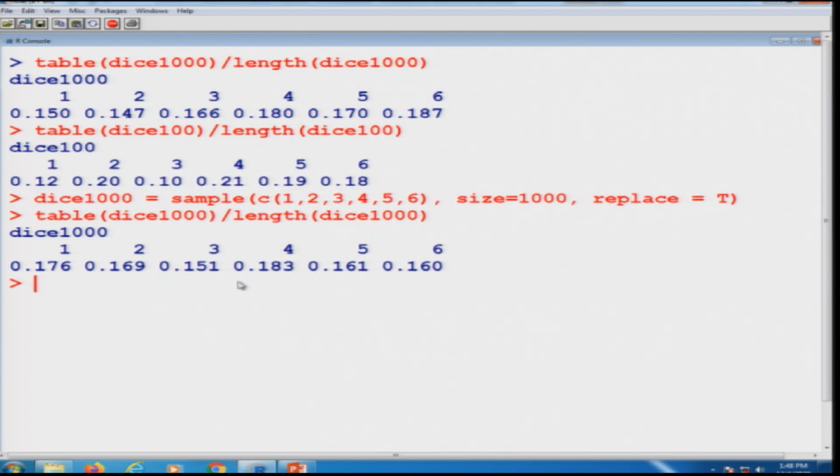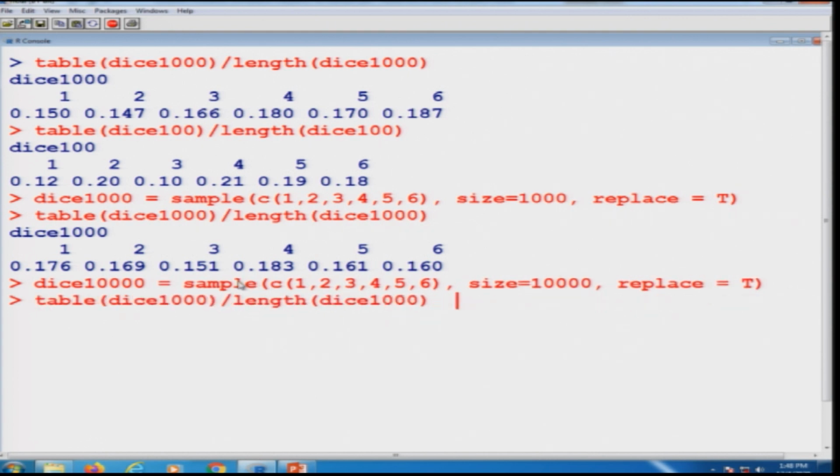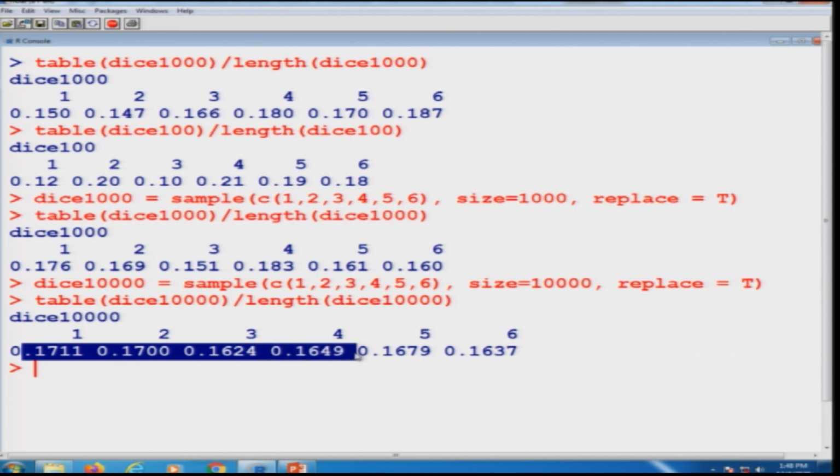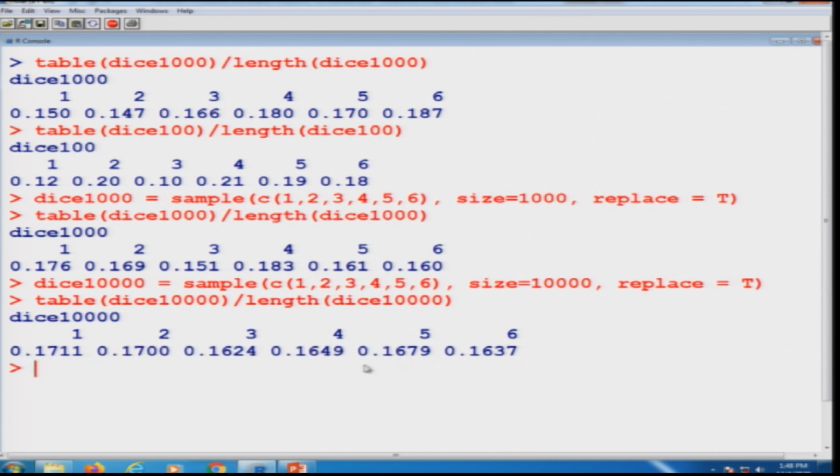Right. Now let us try to increase the number of observations, and suppose I make it 10,000, right, and I compute the relative frequency with these 10,000 observations. You can see these values are coming out very close to 0.17, 0.17, 0.1624 and so on. Right. So, these relative frequencies are pretty close to 0.16, 0.17 and so on.